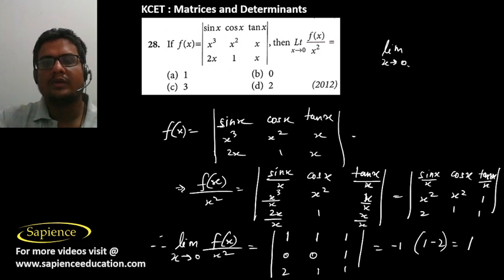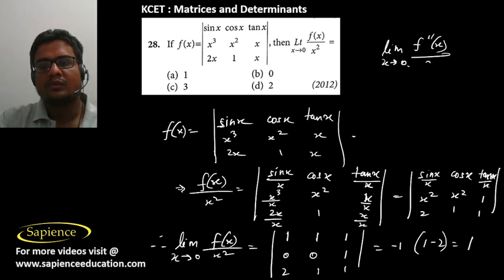So when I put x equal to 0, this is coming 0 actually. This will come 0. So we can do f double dash x divided by 2. So we can do f double dash 0 divided by 2.